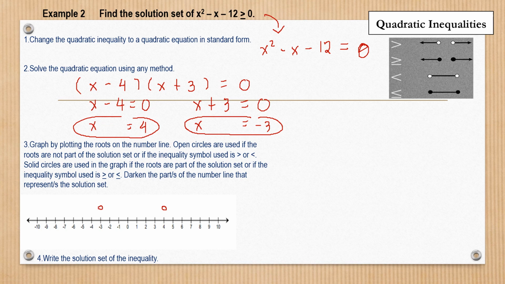Since the inequality symbol used is greater than or equal to, we will use solid circles, which means that -3 and +4 are part of the solution set. So referring to the corresponding graph of the inequality, our graph will look like this.